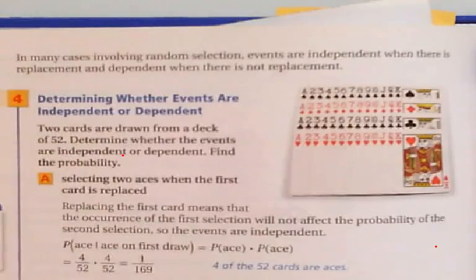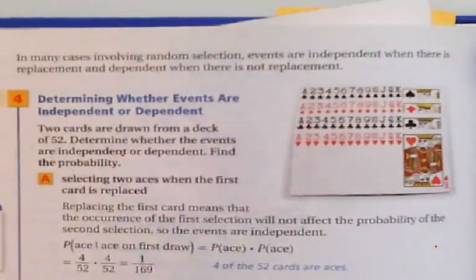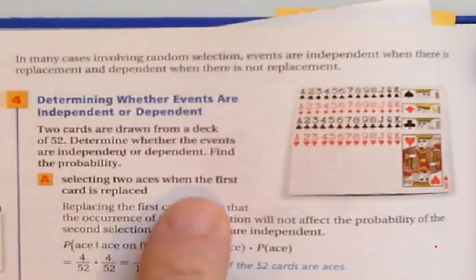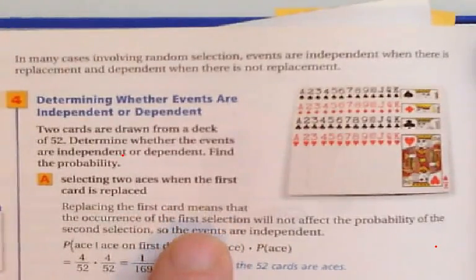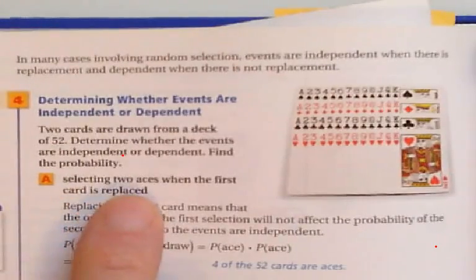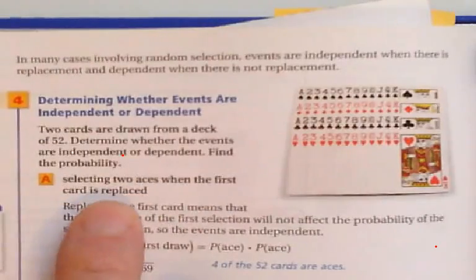And they want to know whether choosing a card is independent or dependent. So, if I take 2 aces in a row, when after the first card is replaced.